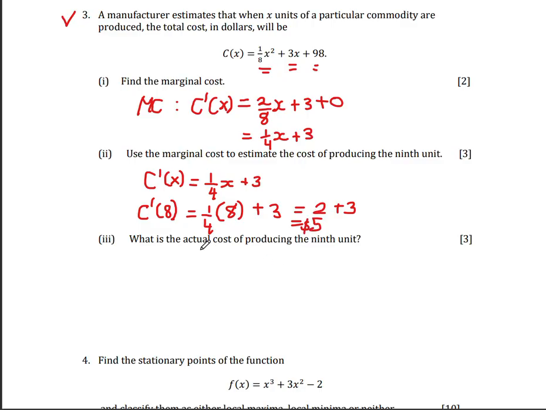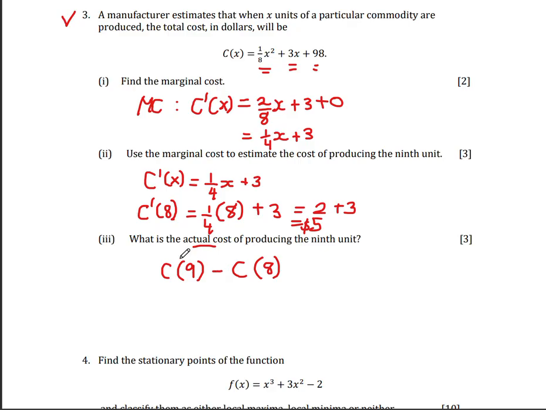Now we're asked what is the actual cost of producing the 9th unit, which is different from the marginal cost. The actual cost of producing the 9th unit would be found by substituting 8 and 9 into the total cost function itself. So we would take C of 9, the total cost of producing the 9th unit, minus the total cost of producing the 8th unit.